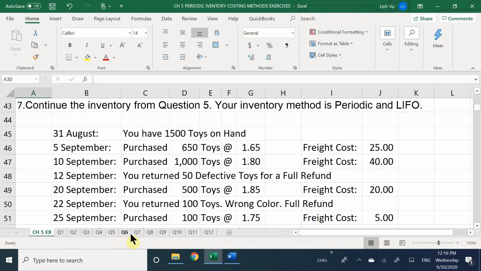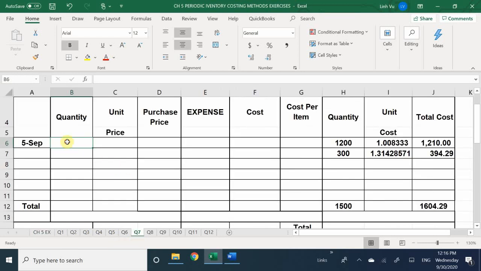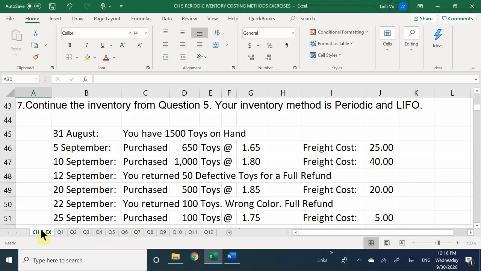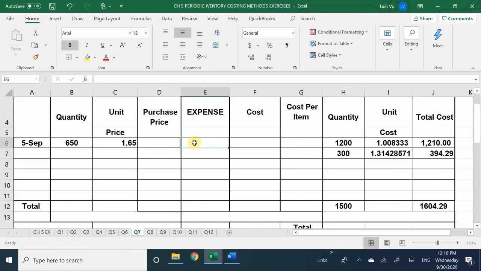So 650 at 165. All right. And let me see what my freight was. My freight was $25.